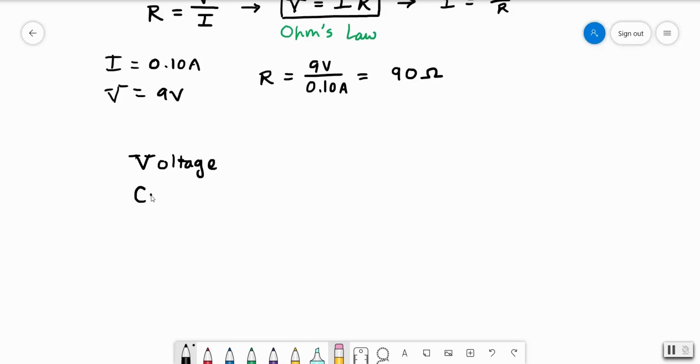We know that the current is the amount of charge flowing through in a unit time, and we know the resistance is what controls that current. These three are the meat of this video, and hopefully you can rearrange that however you need to. In the next video, we'll talk more about circuits.